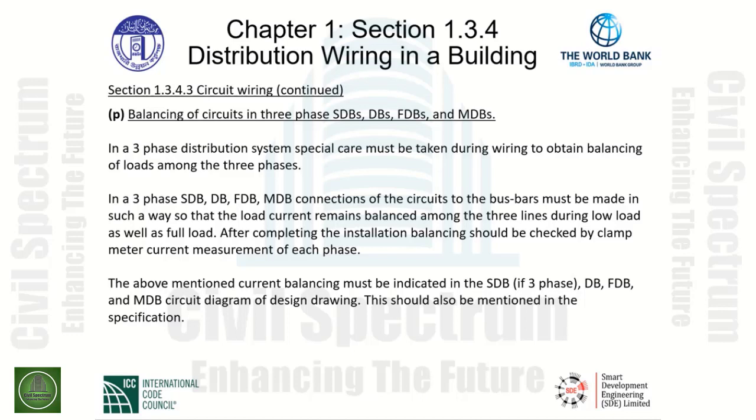In a three-phase SDB, DB, FDB, MDB, connections of the circuits to the bus bars must be made in such a way so that the load current remains balanced amongst the three lines during low load as well as full load. After completing the installation, balancing should be checked by clamp meter current measurement of each phase.